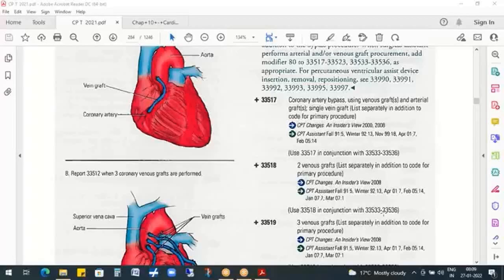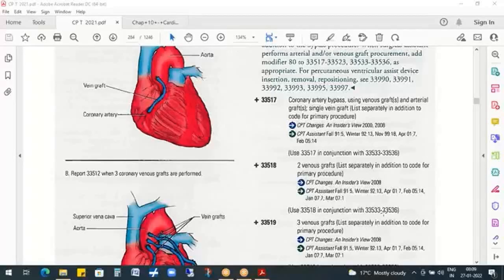Geeta, what are your codes? How many arterial grafts were used? 3, sir. Now check the codes where you are getting 3. 33535. Now they are using a combination of artery and vein.